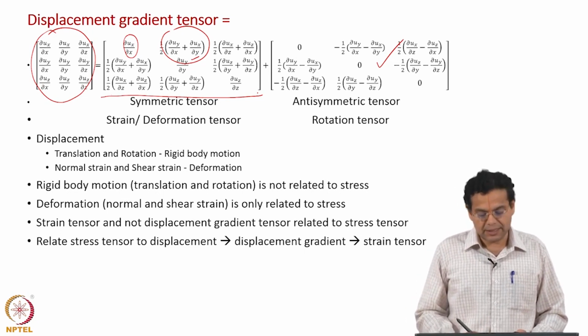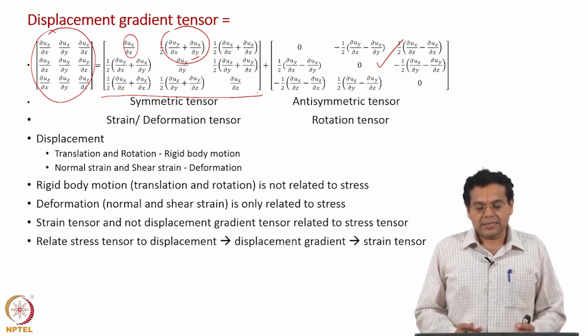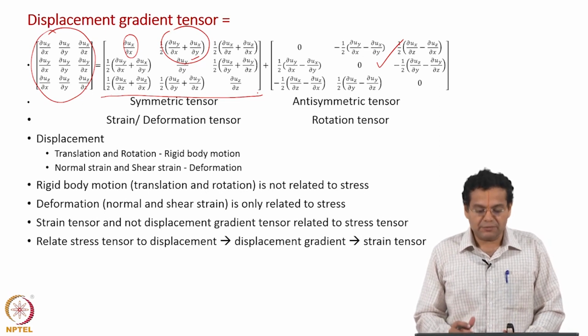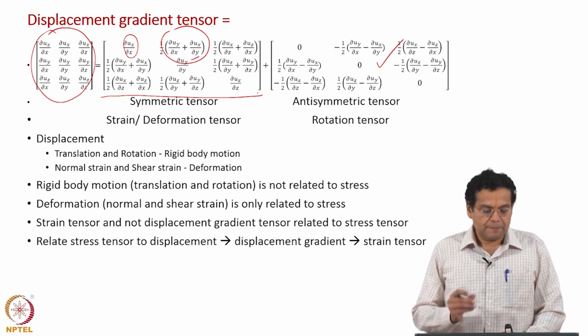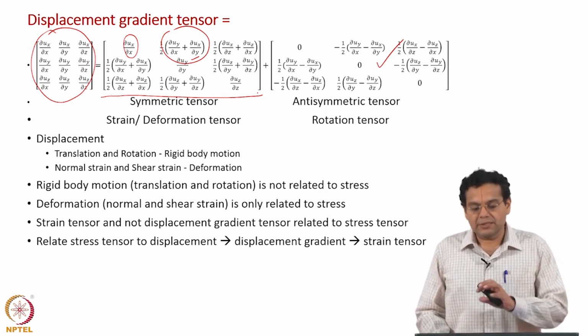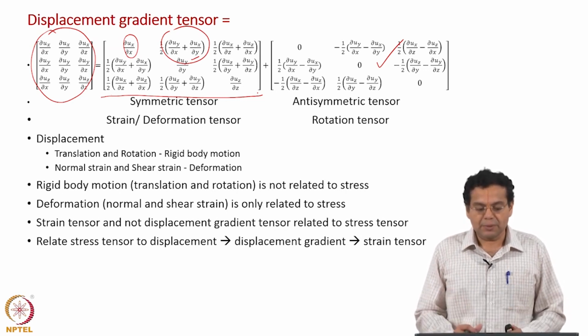That is the biggest takeaway from this slide. I said I will tell the motivation later. Now the motivation becomes very clear. That is why it has been reserved till this point: the reason for splitting is that only one part of the displacement gradient tensor is to be related to stress.